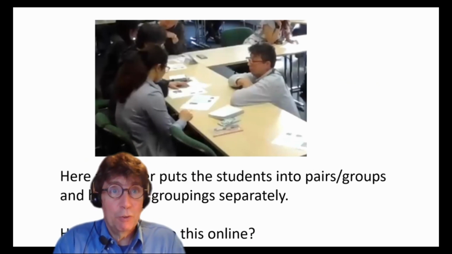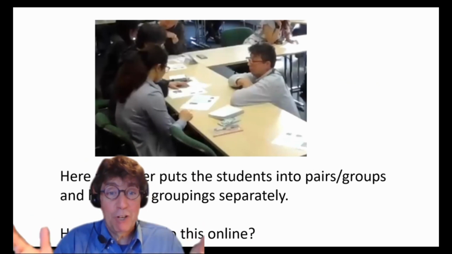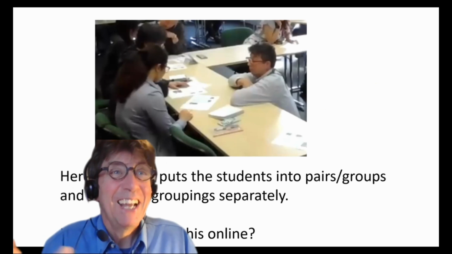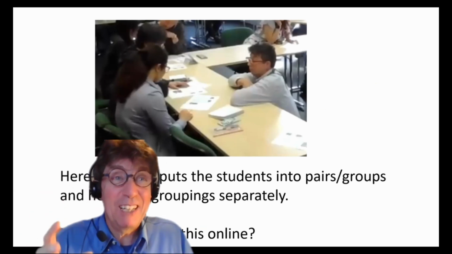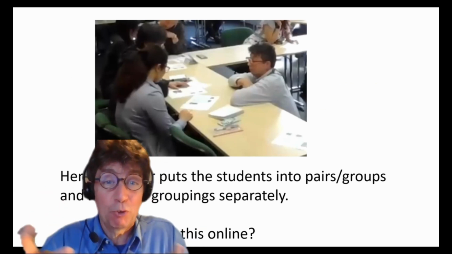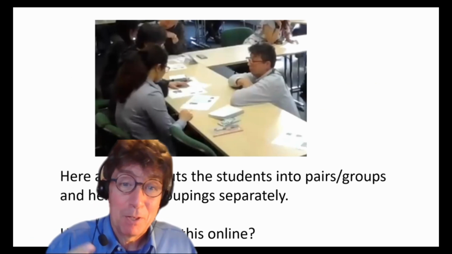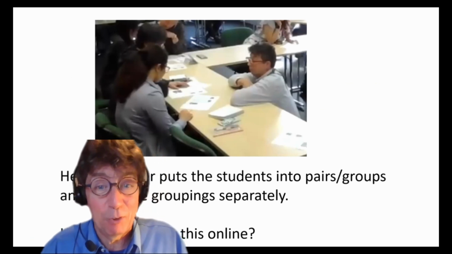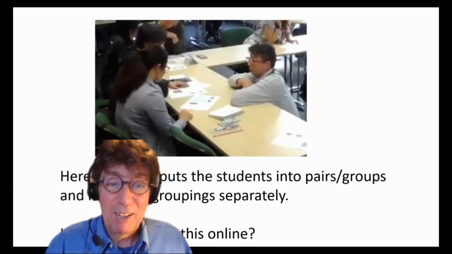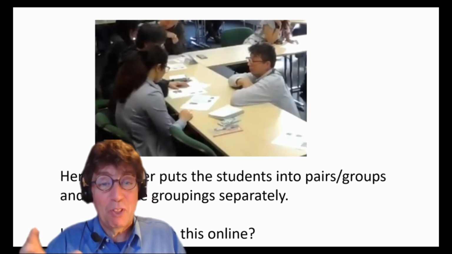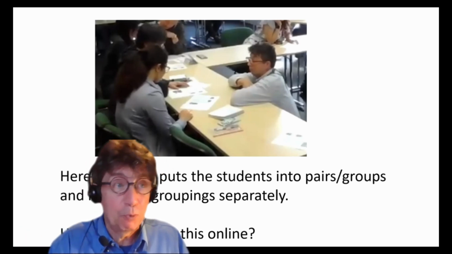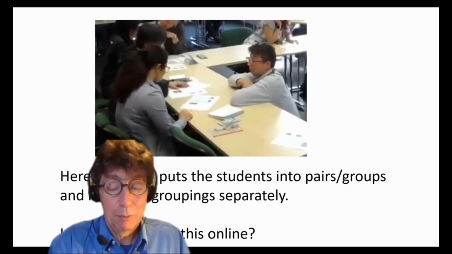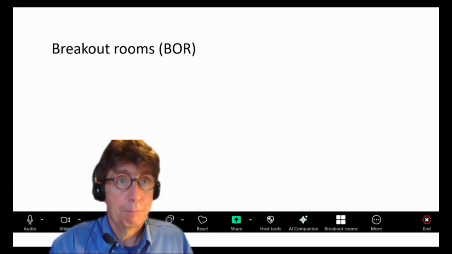Here in this picture, you can see behind me, there's a teacher. Oh, that's me. And he put the students into groups and he's monitoring, going around, checking on the students to see how they're doing. Now, in Zoom, we can still do the same thing. We can put people into groups, but we call these breakout rooms.